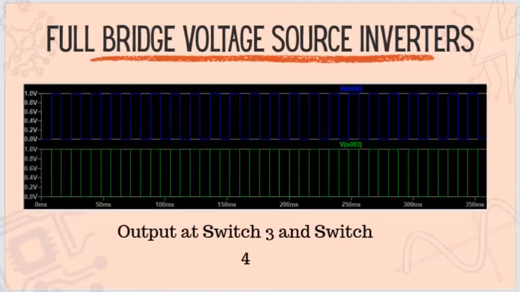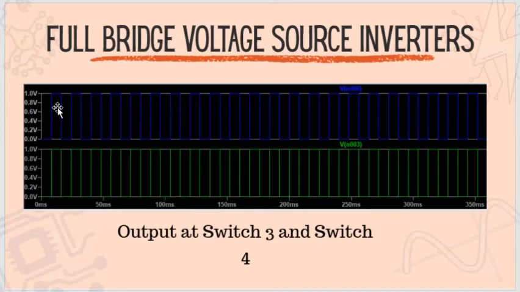This is now the output of switch 3 and switch 4 that are on. 1 and 2 are off. So here, we can see that a while ago, switch 1 and switch 2 were in the 1 volt position, but now they are off. So the switching of switches 1, 2, 3, and 4 alternates.